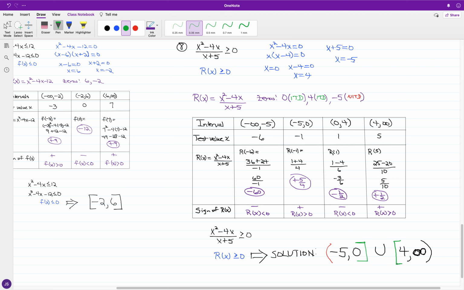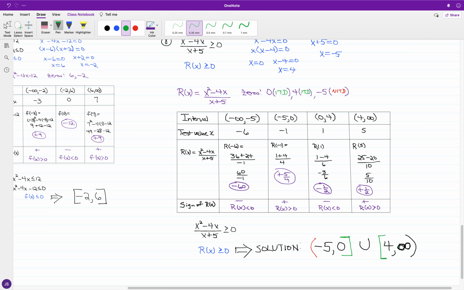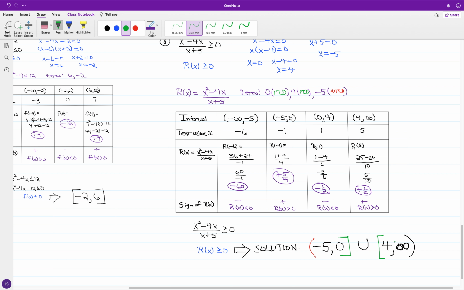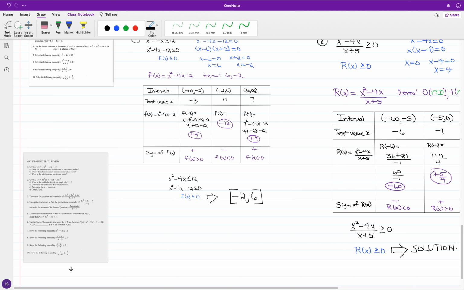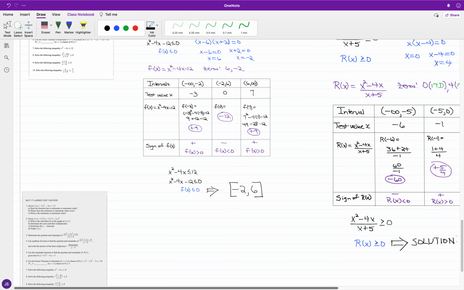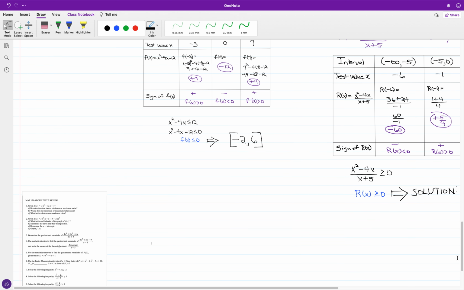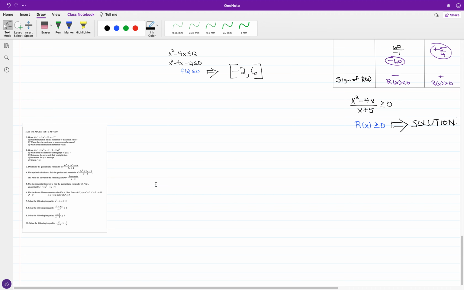So for your solution set, this is what we have here: the set of values x such that -5 is less than x, less than or equal to 0, or x is greater than or equal to 4. All right, now in the case of number 9, we have yet another comparison to 0 inequality, and I think this is a somewhat simpler ratio.